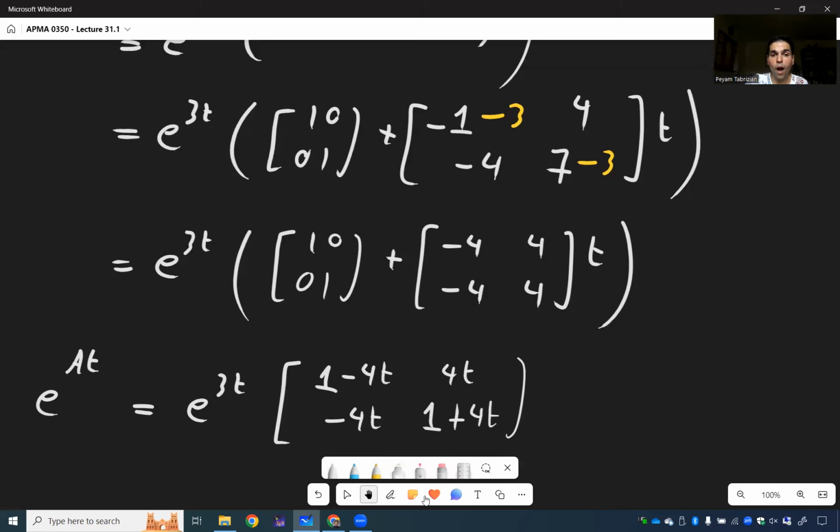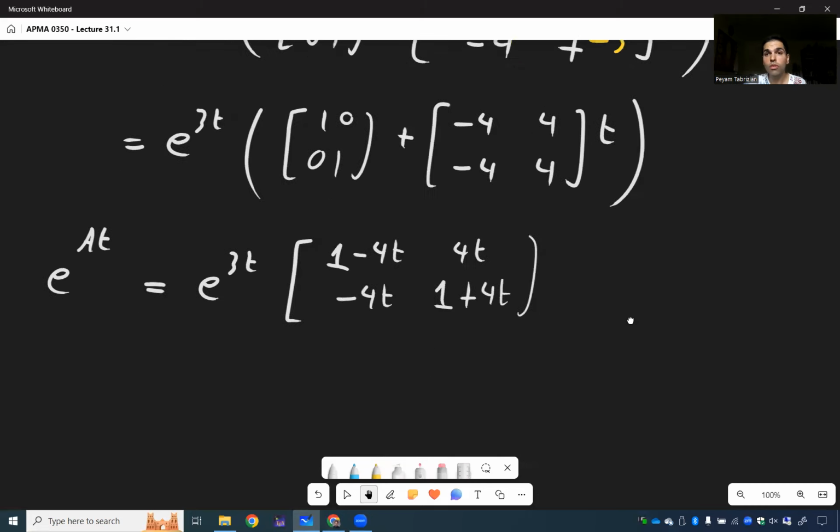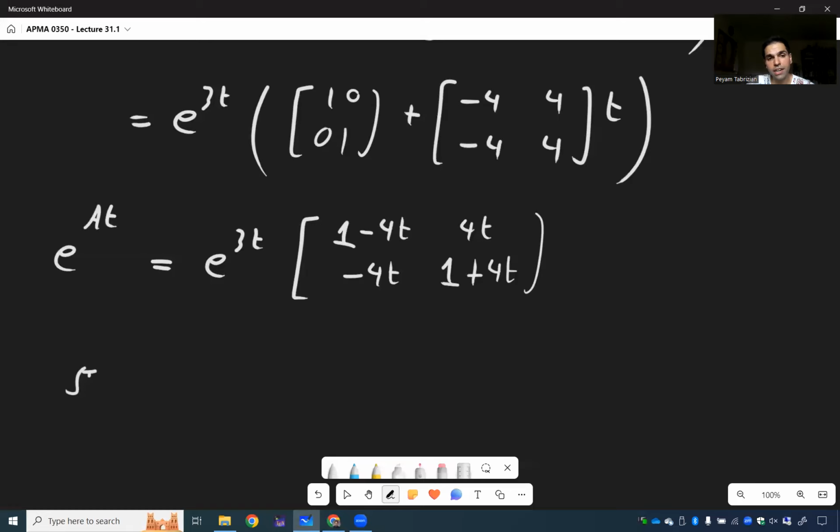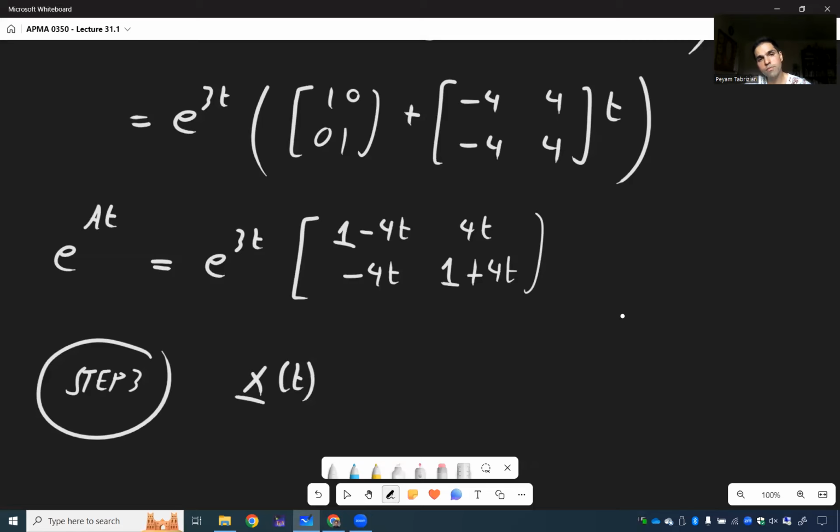And remember, why is that useful? This allows us to directly find our solution. So remember, x of t was e to the At times constants c1, c2.